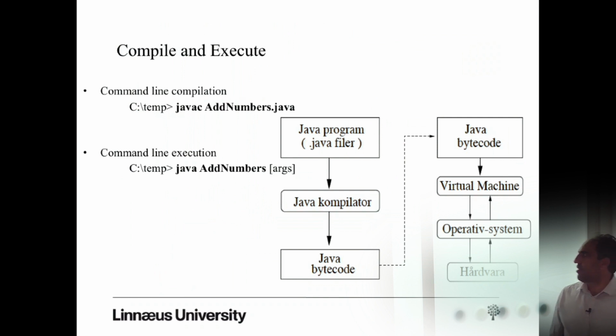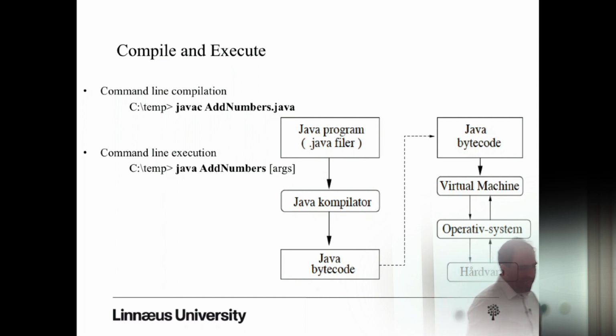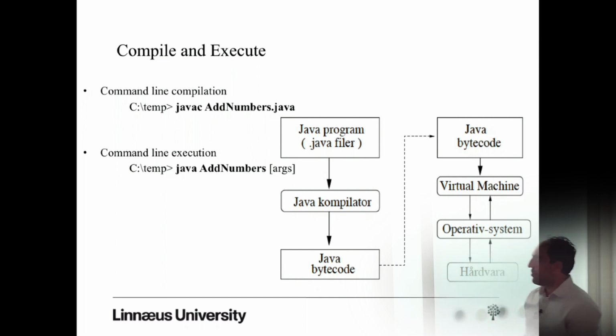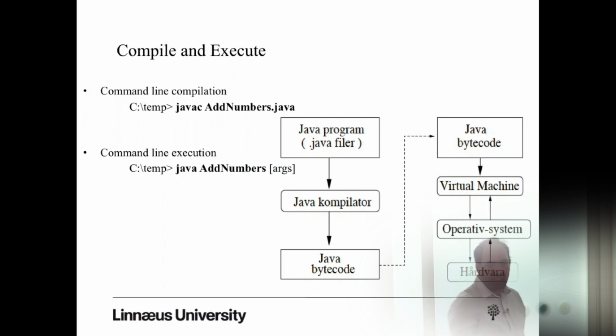This is again some basic steps. If you have a Java program, you save it in a Java file, and then you have a Java compiler that generates the bytecode, and that Java bytecode is run by your virtual machine, and the virtual machine is used by the operating system.